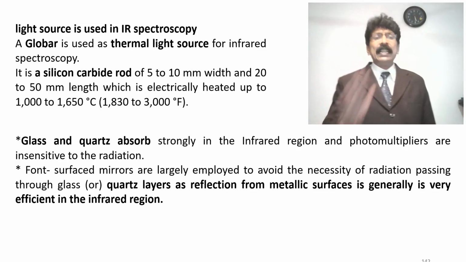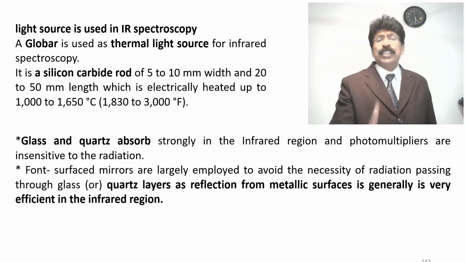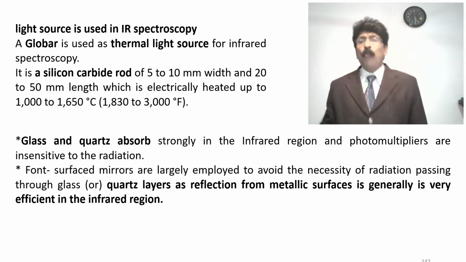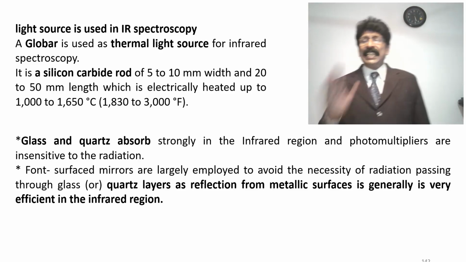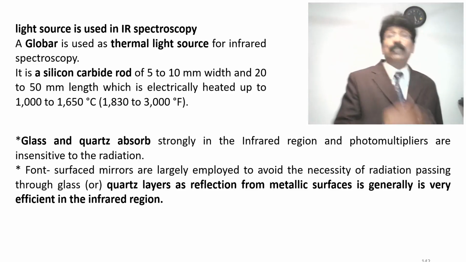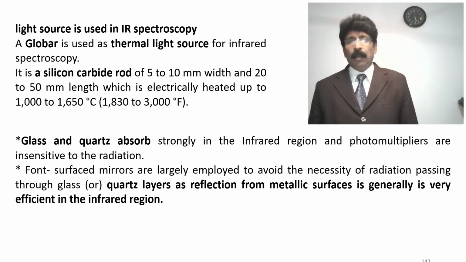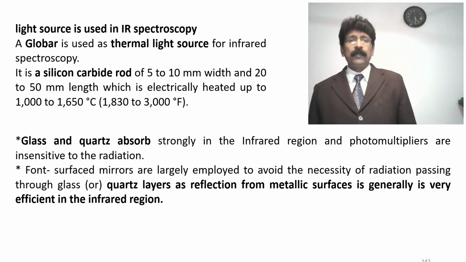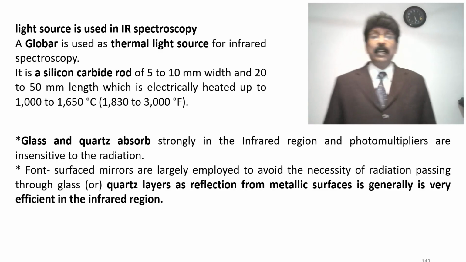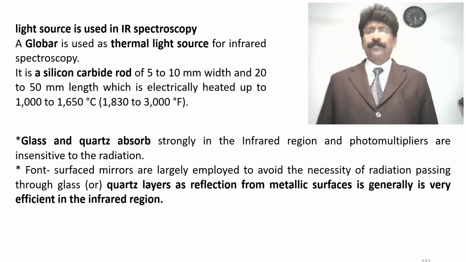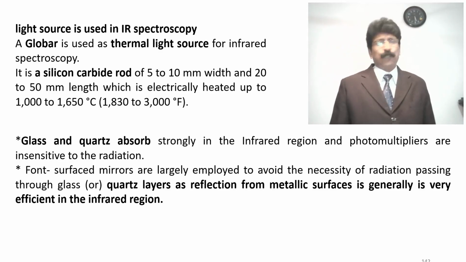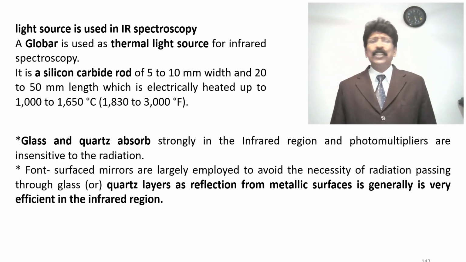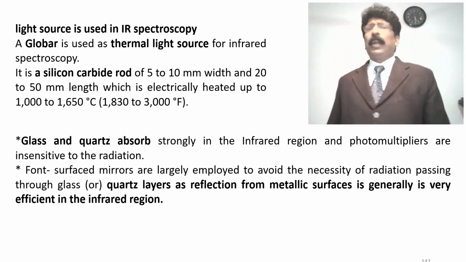Front surface mirrors are largely employed to avoid the necessity of the radiation passing through glass or quartz, since reflection from metallic surfaces is very efficient in the infrared region.